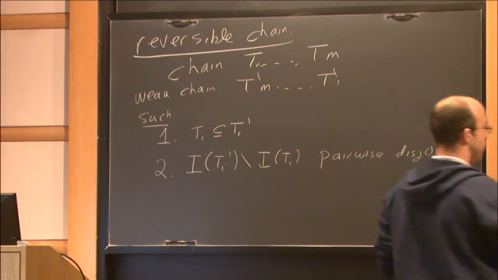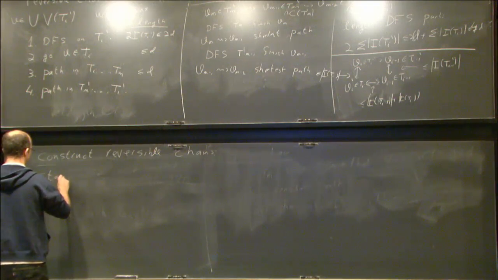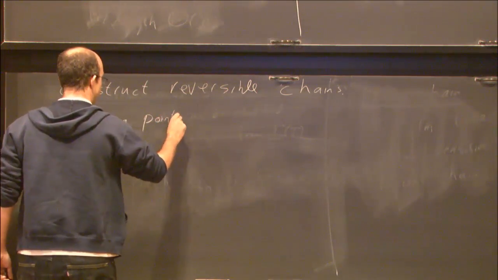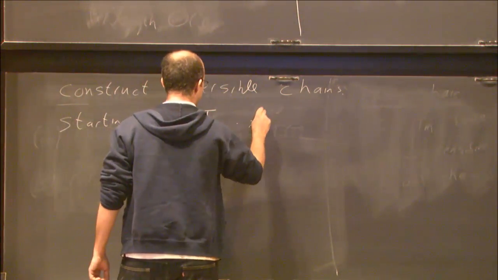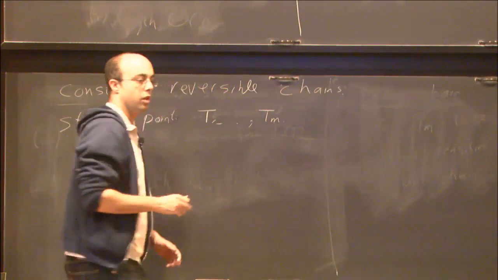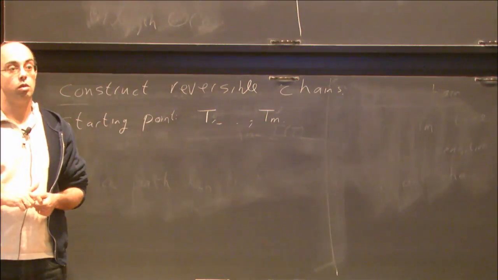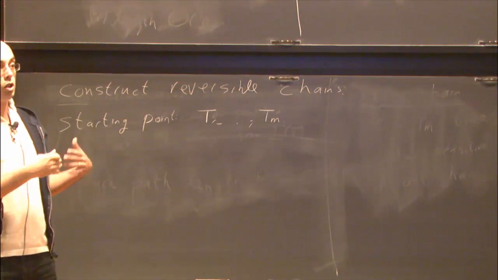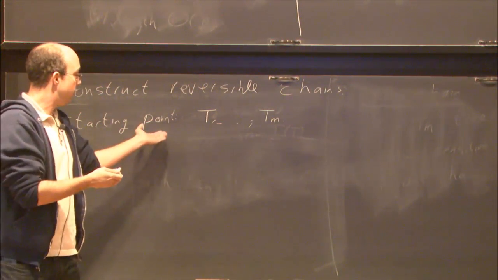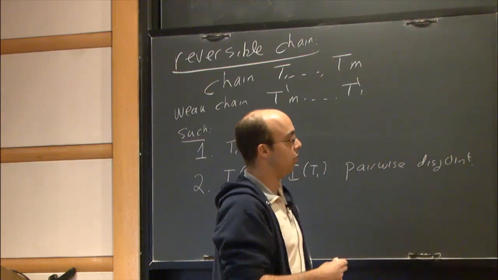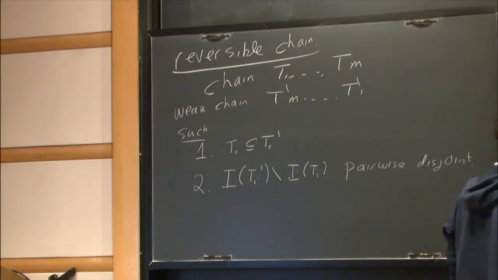What we start from is T1 up to Tm here, and we're actually going to change it throughout. We're going to apply various changes to this sensitive tree chain, and along the way also create a backward tree chain.